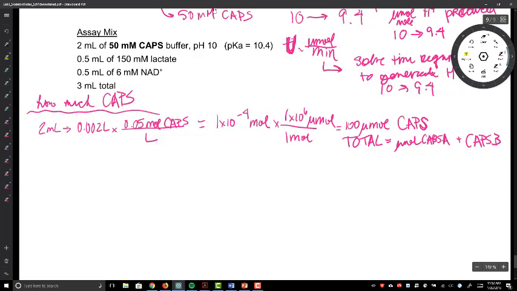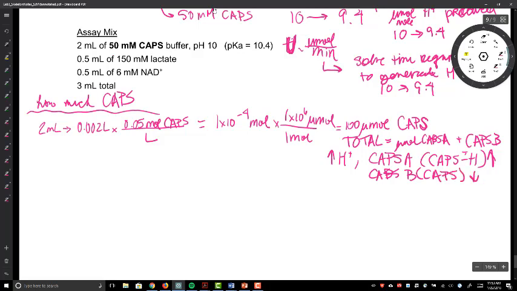is CAPS base. So as we produce the protons, the CAPS acid, which is CAPS with an H on it, is going to increase, whereas the CAPS base, or just plain CAPS, is going to decrease.